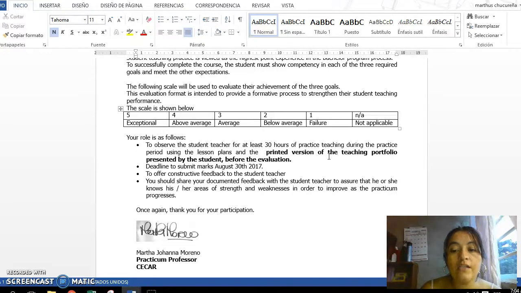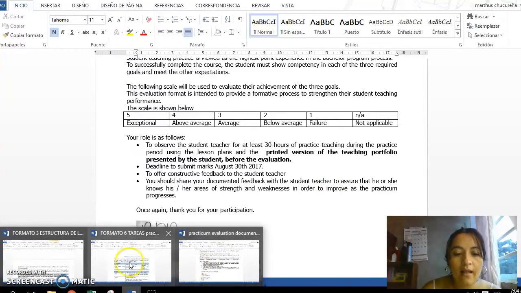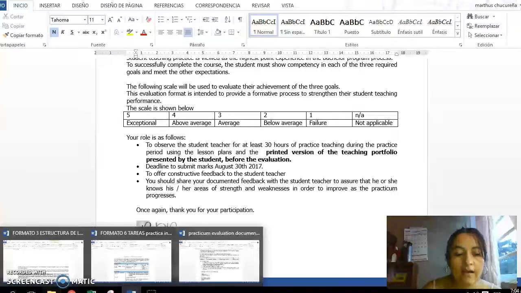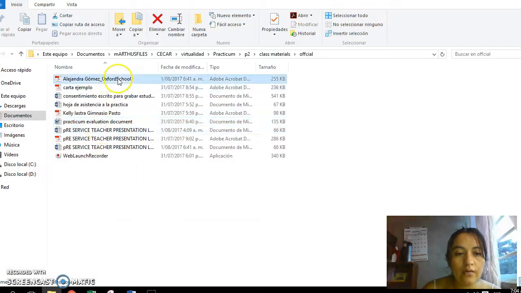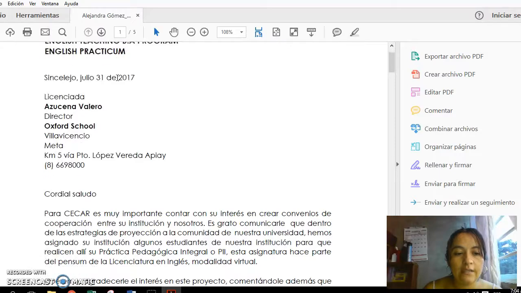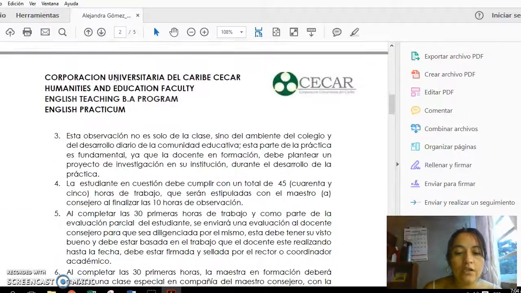Printed version of the teaching portfolio presented by the student before the evaluation. So what is the teaching portfolio? It's your presentation letter. Remember that at the beginning of the practicum I sent you the presentation letter, so this letter is part of the portfolio.